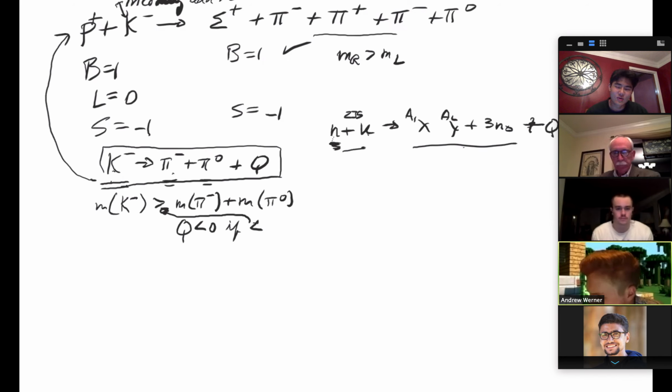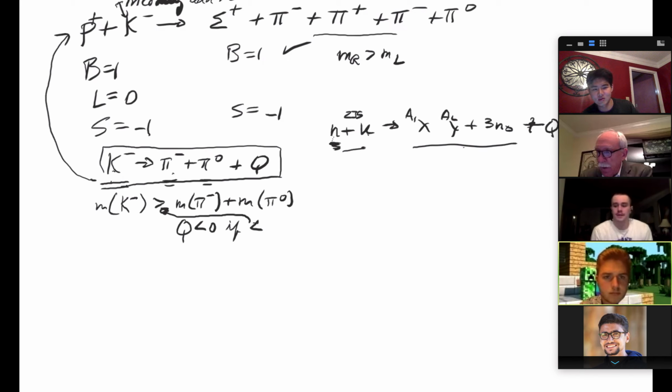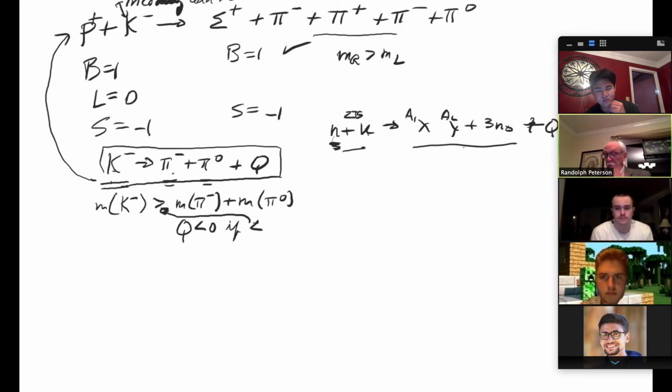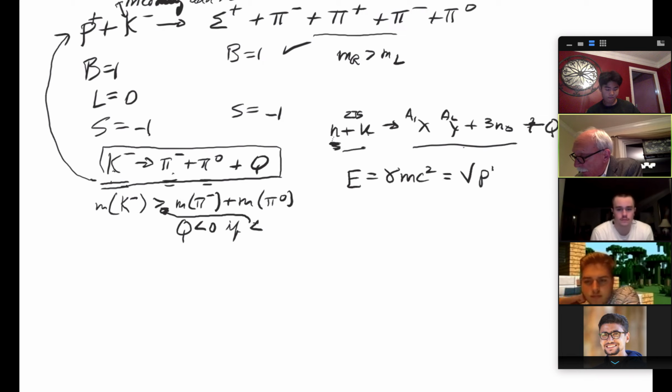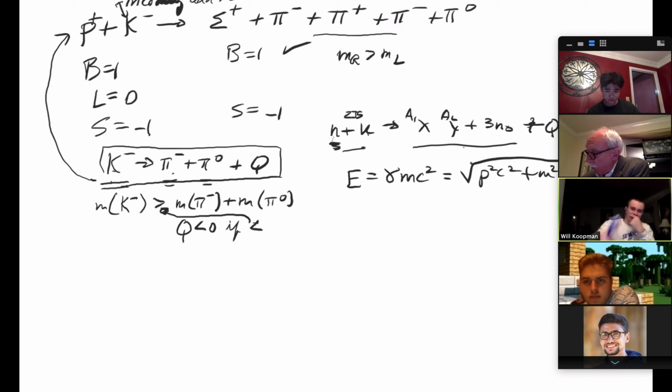Dr. P, is there a way we can just estimate the maximum kinetic energy they can have? Because they cannot go faster than light. Oh yeah, but remember this. The energy is the square root of p squared c squared plus m squared c to the fourth. That's the total energy, equal to the mass energy plus the kinetic energy.